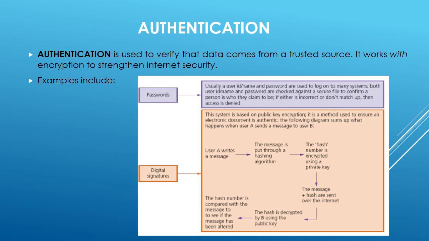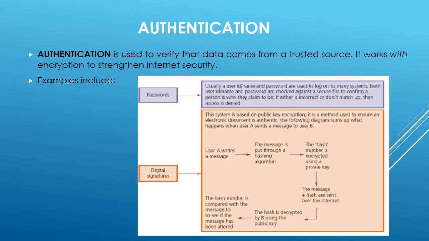The message plus hash number are sent over the internet. The hash is decrypted by user B using the public key. The hash number is compared with the message to see if the message has been altered or not.